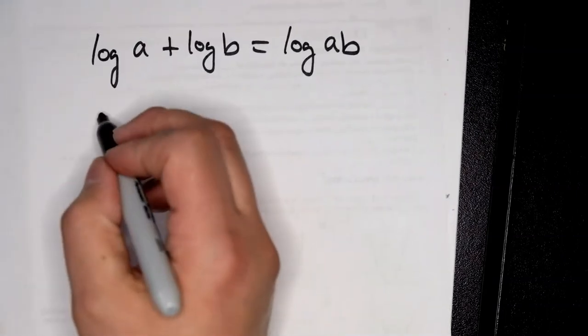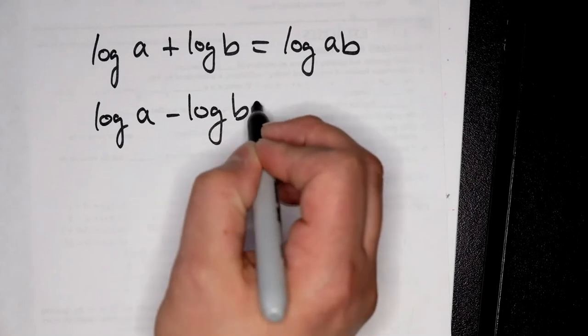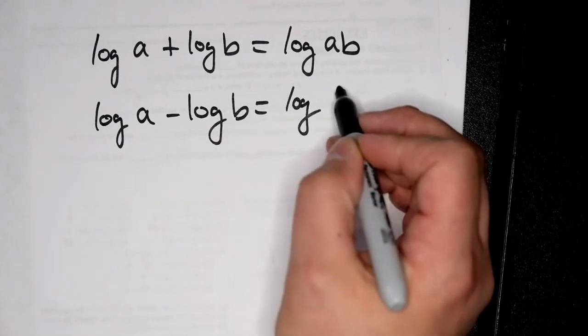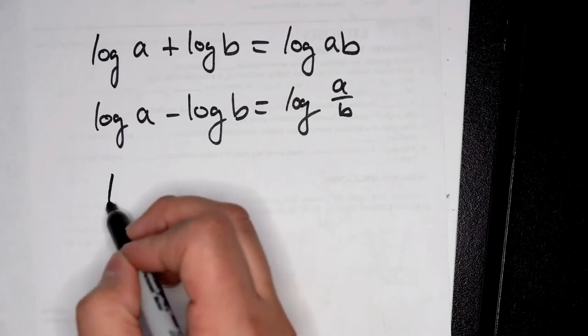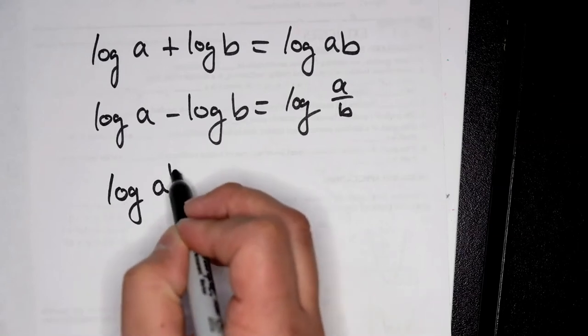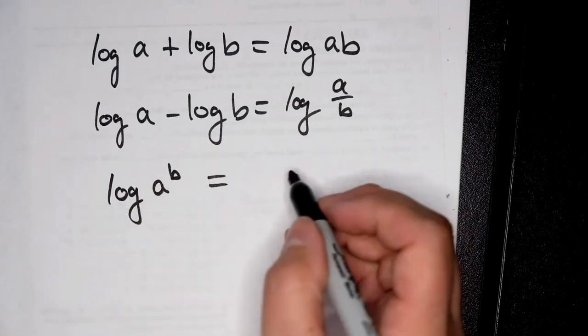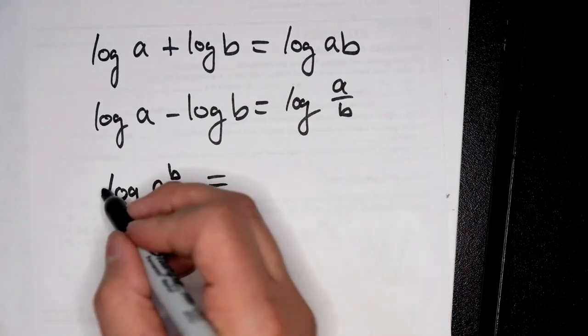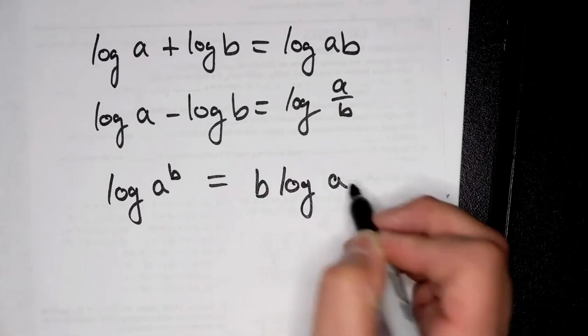We also have the log of a minus the log of b equals the log of a over b. And then we went through one where we said, if you're taking the log of a raised to the power of b, you can rewrite that exponent b out front in front of the logarithm, and that equals b times the log of a.